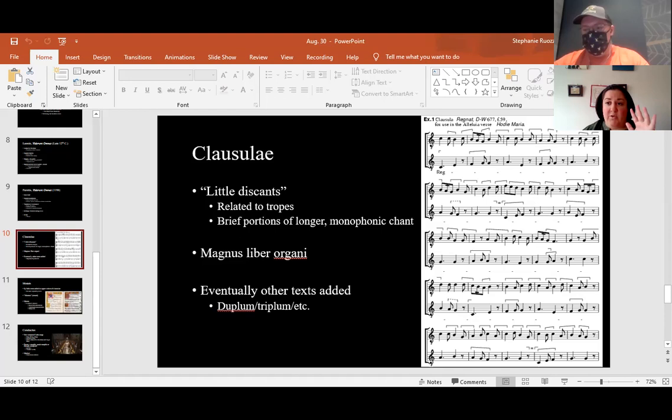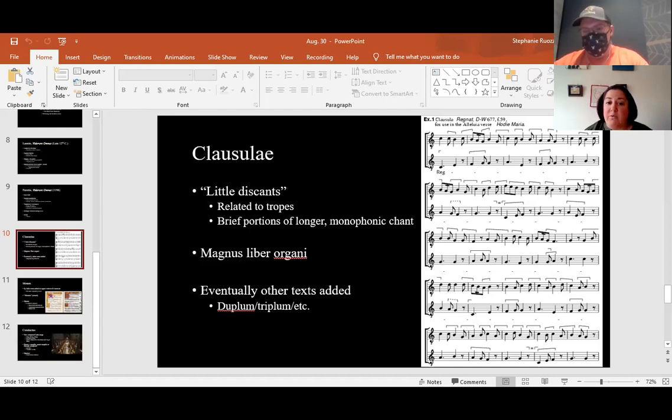All three types of those additions are called tropes on the original chant. And these discant sections, these clausulae, were often the trope sections. So when you move into these later editions, that's when you move into a discant texture.